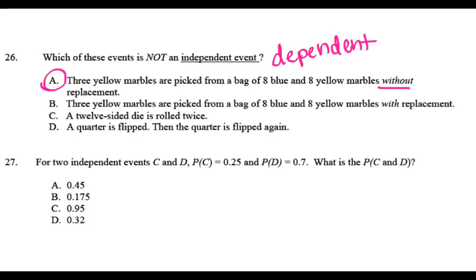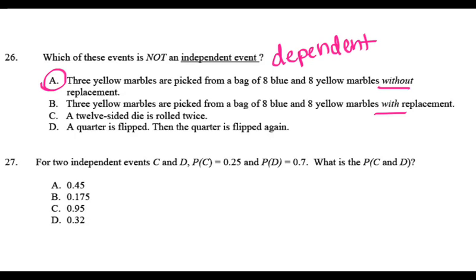All the other ones are independent because nothing is changing with whatever it is that you're doing. So 3 yellow marbles are picked from a bag of 8 blue marbles, 8 yellow marbles with replacement. So that means I'm putting the marble that I pick back into the bag, so the bag stays the same. A 12-sided dice does not change when you roll it, and a quarter does not change when you flip it. So all 3 of those are independent events.